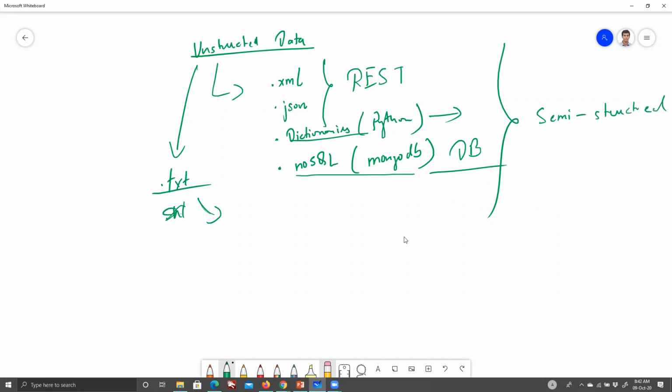Unless it's a text file or some flat files, SAS files or something like that, any kind of structure or convention you put them in, it could be XML, JSON, or dictionaries in Python, because dictionaries also have key and value pairs. And NoSQL also has the same idea, key and value pairs. So technically you are using semi-structured data in all of these examples. So yeah, you are right. Basically, these happen to be semi-structured. Okay, thank you. Great.